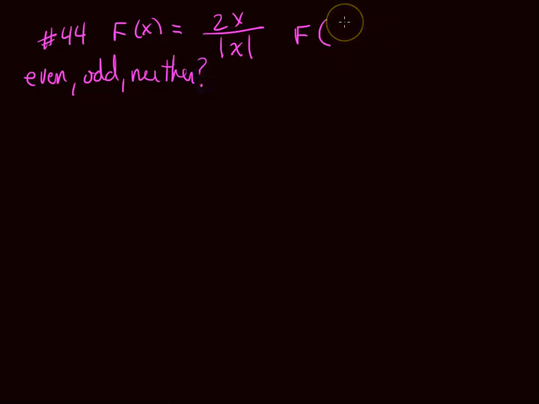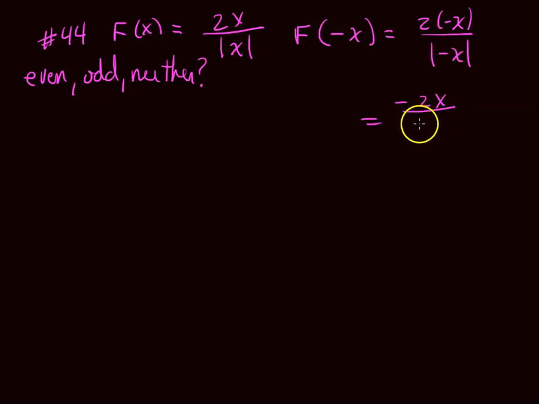So, what is f of negative x? Well, let's see. That's 2 times negative x over the absolute value of negative x. Well, this becomes negative 2x over, well, the absolute value of negative x and the absolute value of x are the same. So I'm going to replace this with the absolute value of x because I want to see how much it matches this.